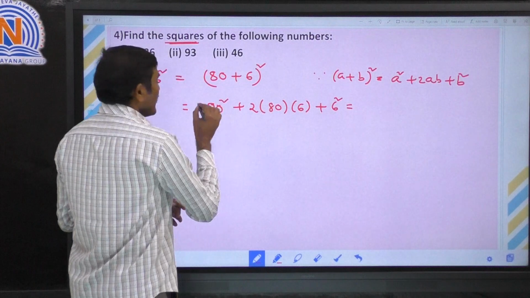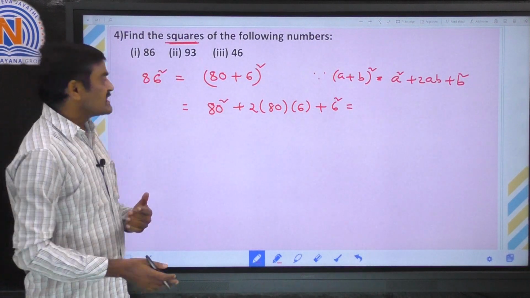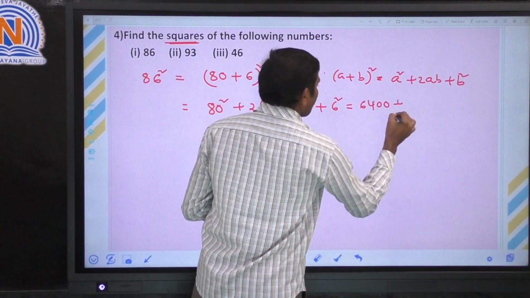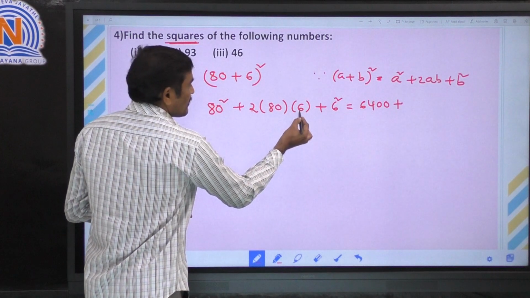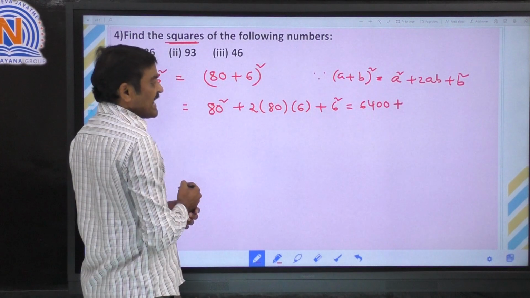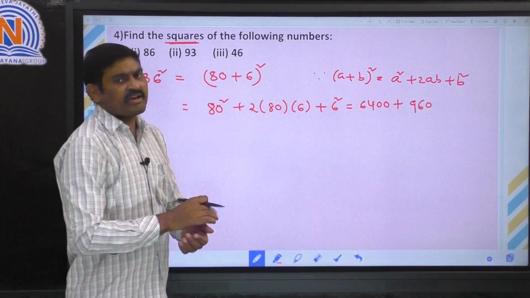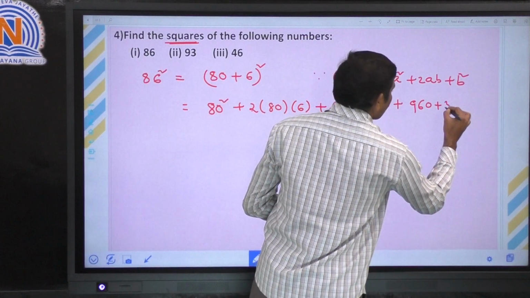Easily we can find the 80 square. 8 square is 64, after that follow 2 zeros: 6400. Plus 2 into 80 into 6: 2 6s are 12, 12 8s are 96, so 960. In this way, easy way you can multiply. Plus 6 square is equal to 36.